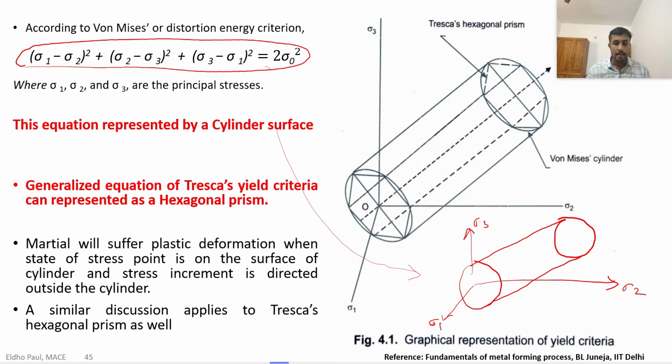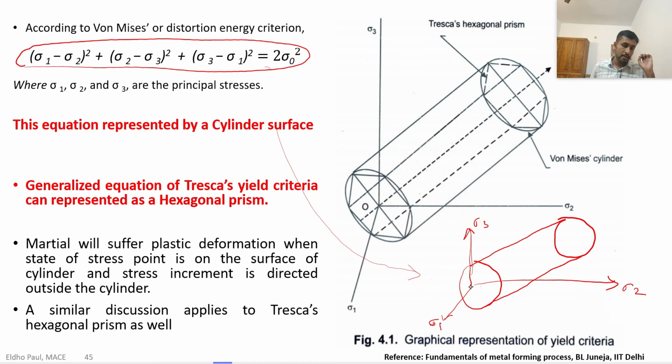We can check whether a body plastically deforms or not under a particular state of stress using this diagram. Initially, draw a cylindrical surface using the Von Mises criteria equation, and the material will suffer plastic deformation when the state of stress at that point is on the surface of the cylinder and the stress increment is directed outside the cylinder.